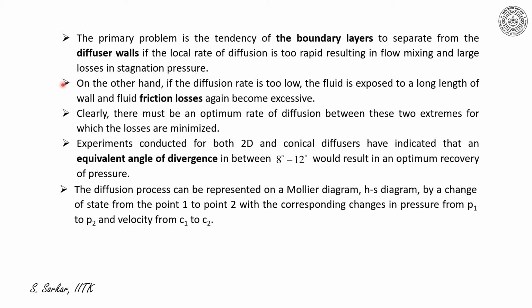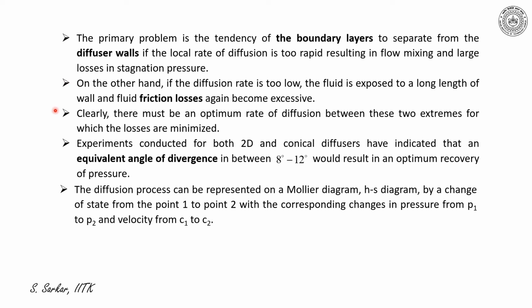On the other hand, if the diffusion rate is too low, then the fluid is exposed to a long length of wall, and thus the fluid frictional loss increases again.